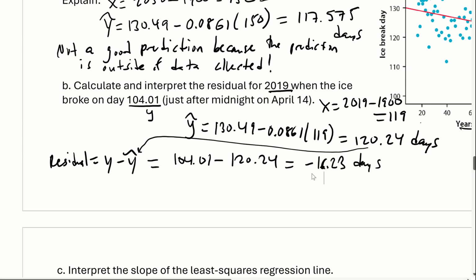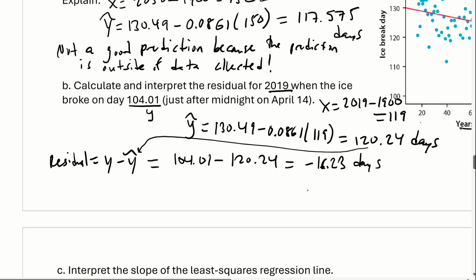All right, so the residual is negative. That means that we over predicted what it was going to be. Okay, so that means that the actual ice broke 16.23 days before the date that we predicted, right? Or earlier. Okay, so that's what that means.